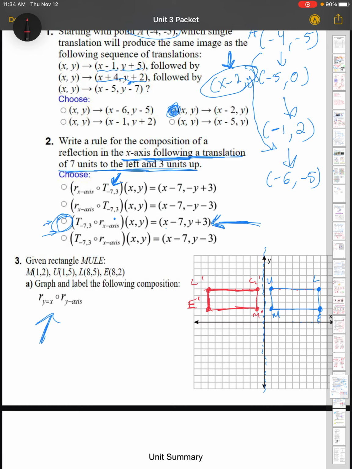Then our last step would be reflection over the y equals x axis. That would be this axis here if we had to draw it. It goes up in between each one perfectly. So let's go ahead and count that. I would count down and over, then I do the opposite. So there's M prime.